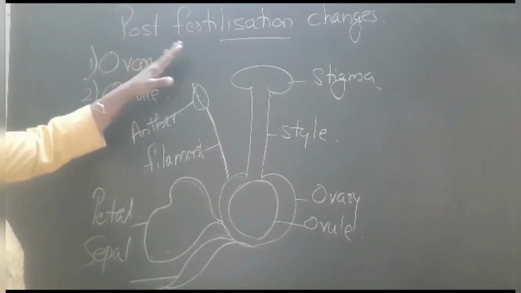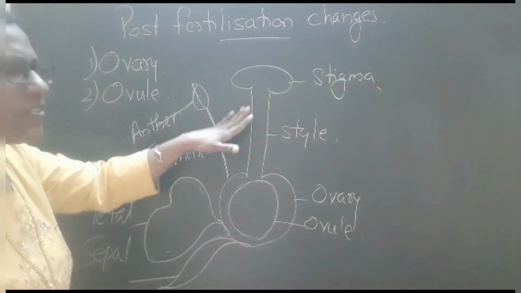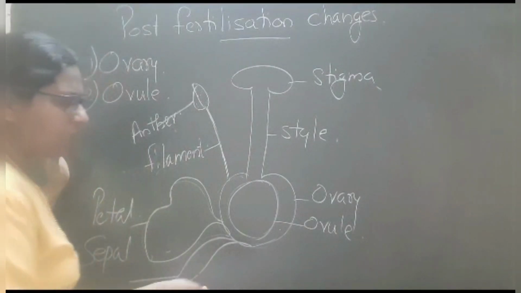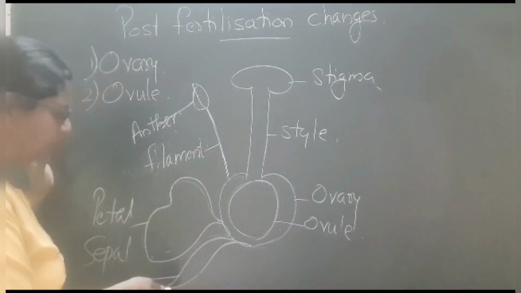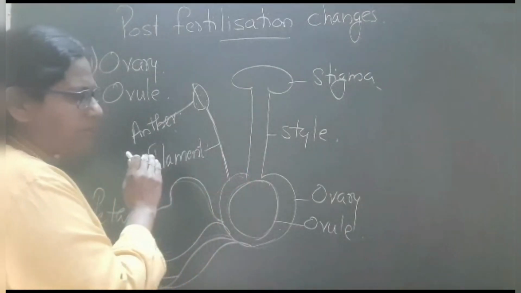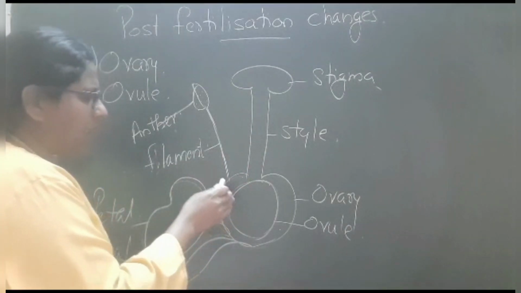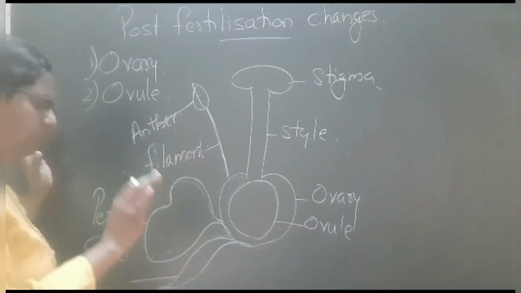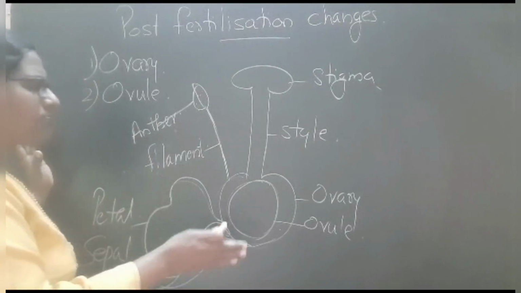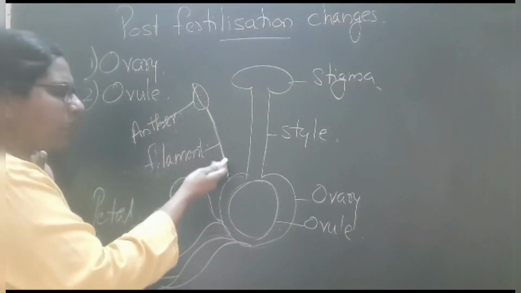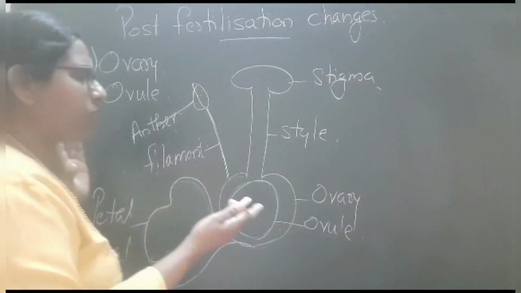Once again, after fertilization, what changes take place in a flower? We learned parts of flower, that is sepal, petal, stamen, and then carpel. Now here, after fertilization, sepals will fall off, petals fall off, stamen, that is anther and filament together called stamen, that also falls off.